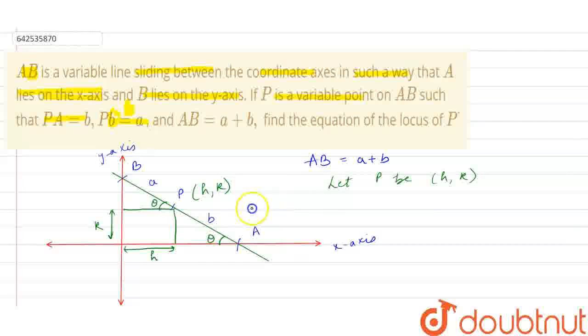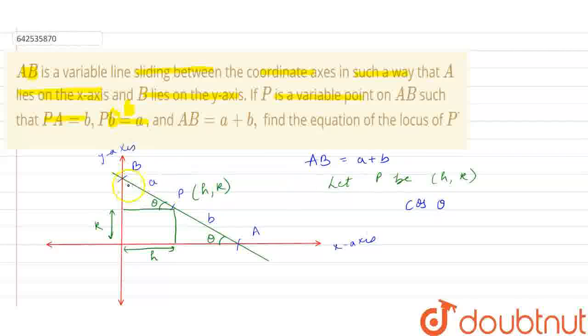So I'll tell you why I have taken this angle, to find out the equation of the locus of P. So how do we do that? Let's see. Since we have point P as h comma k, we can easily find out h from here, and we can easily find the value of cos theta from this triangle.